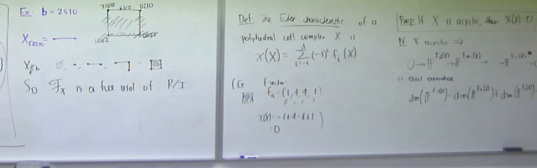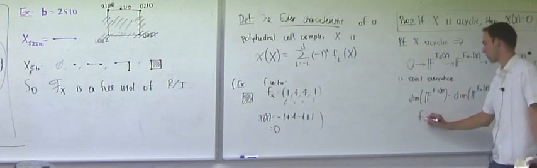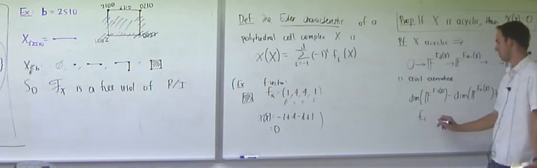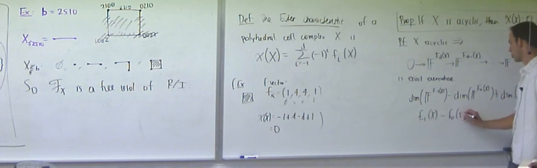But what are these things? Well, by definition, F_i of X is a vector space where, as a basis, we choose the i-dimensional faces. So by definition, the dimension of this is the number of -1 dimensional faces. The dimension of this is the number of 0-dimensional faces.